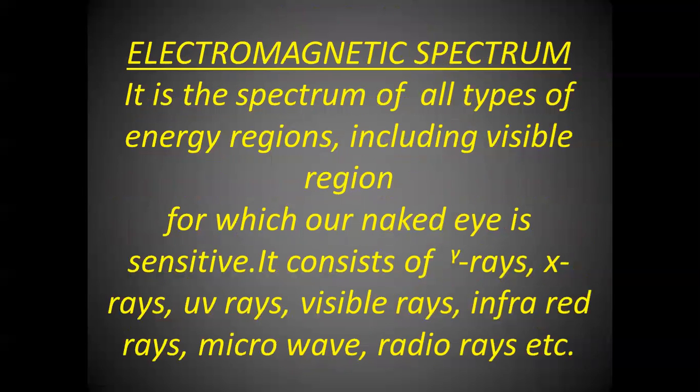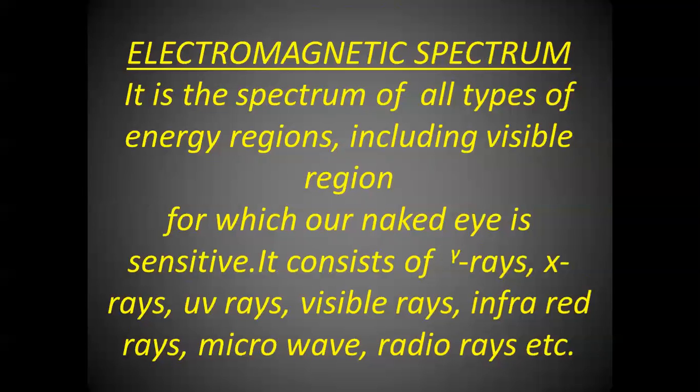Generally, atoms give line spectrum, meaning the spectrum we get from atoms consists of lines, whereas molecules give band spectrum. A band again consists of closely packed lines. So under a high resolution microscope, we can see the lines in the band.